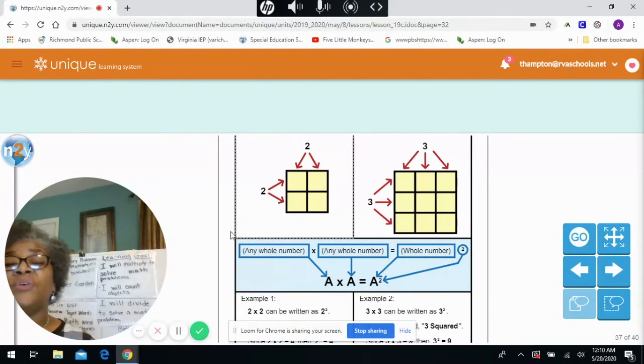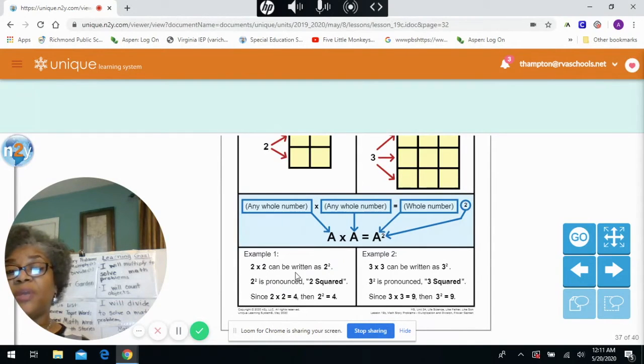Okay, so any whole number times itself equals that whole number squared. All right, so here we go.